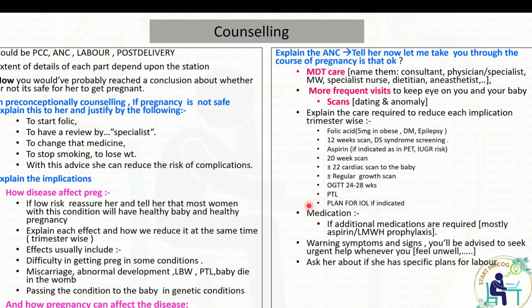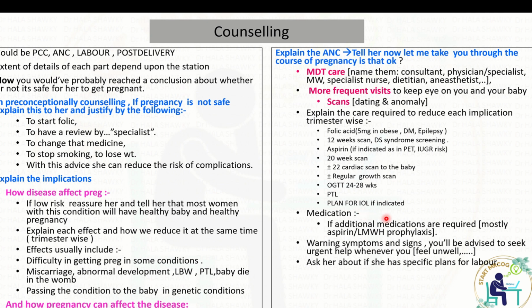If the patient is indicated for induction, you have to tell her about the plan for induction of labor and the timing of the delivery which is indicated. For example, in sickle cell disease, we need to deliver the patient at 38 weeks. Also in diabetes, we have to induce labor in diabetic patients. Plus or minus, because in most conditions, the patient can go into spontaneous delivery. So the plan for delivery should be discussed during the antenatal period, and medication review is a must.